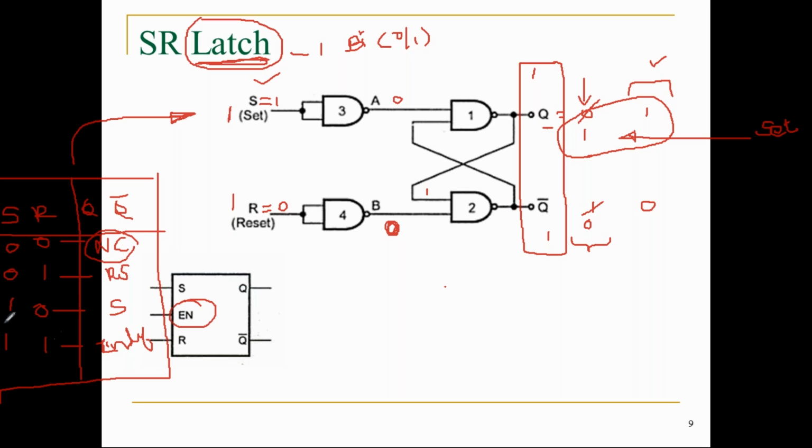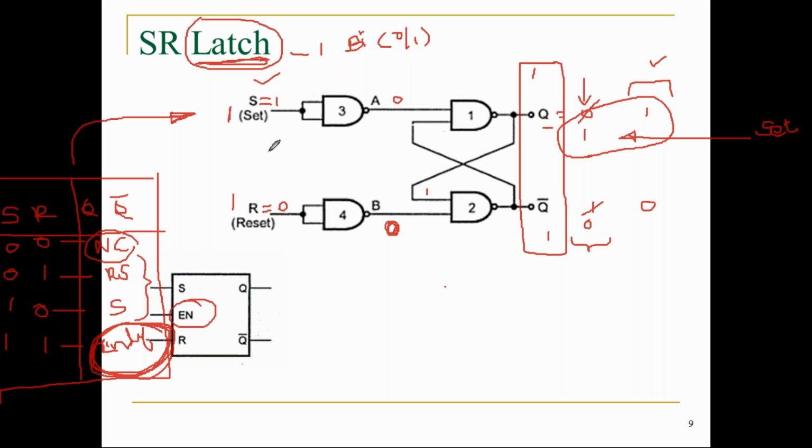The opposite: if both inputs are 1 1, what will happen? Indeterminate values, we cannot define it, or forbidden level. But the middle cases are very important.